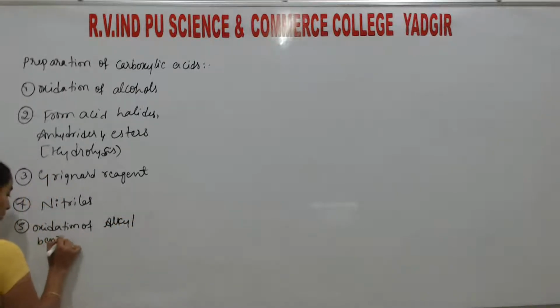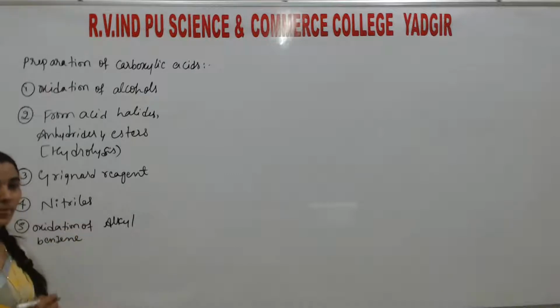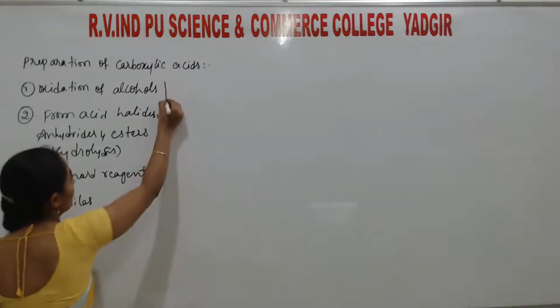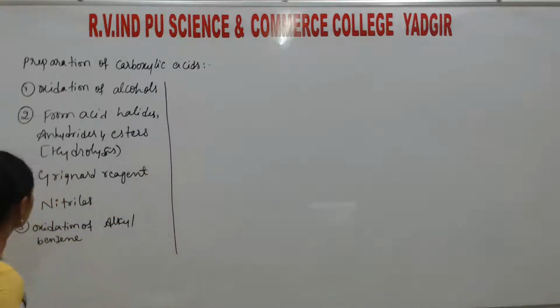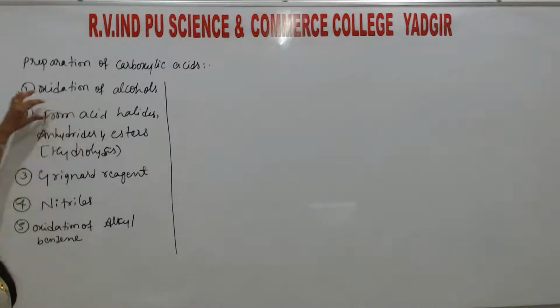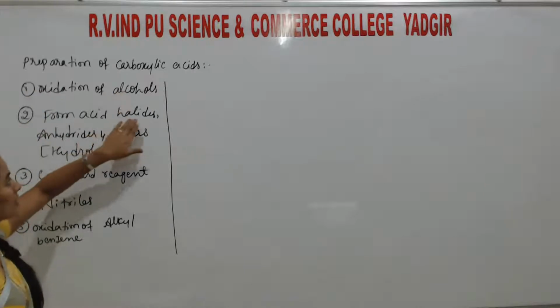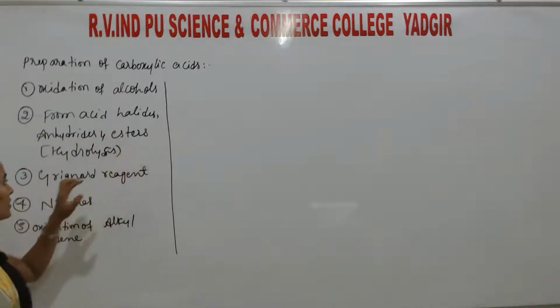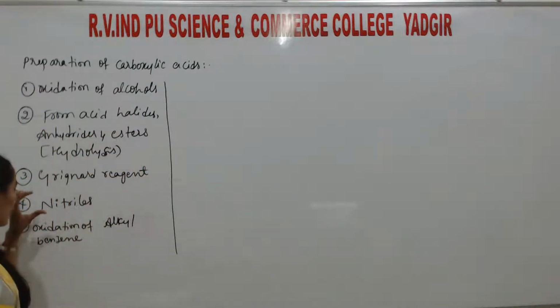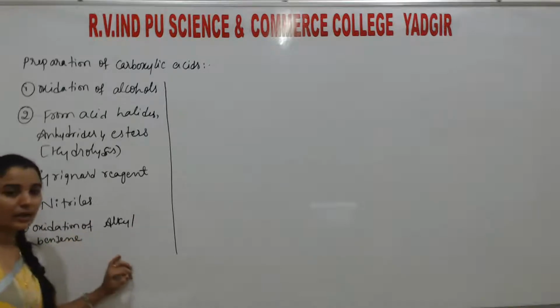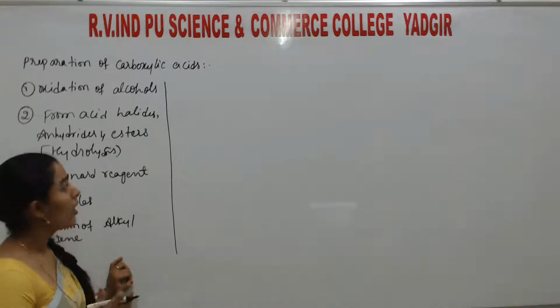So these are the 5 methods of preparation of carboxylic acids. What are these? From alcohols, from acid halides, anhydrides, esters, and also from Grignard reagent, from nitriles, and from alkyl benzenes. So we will discuss one by one.